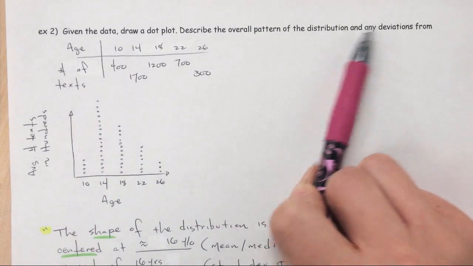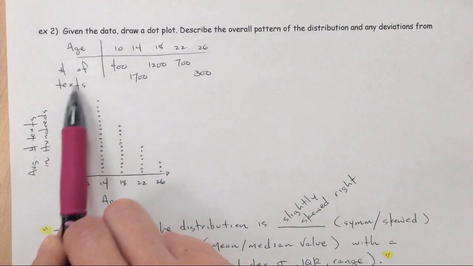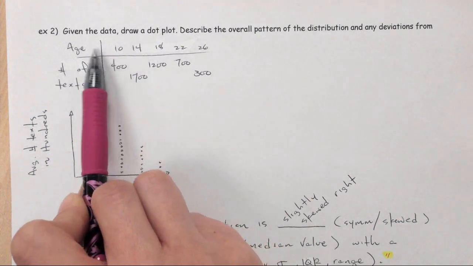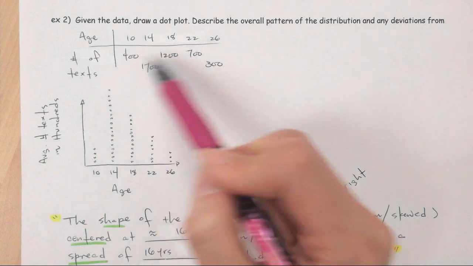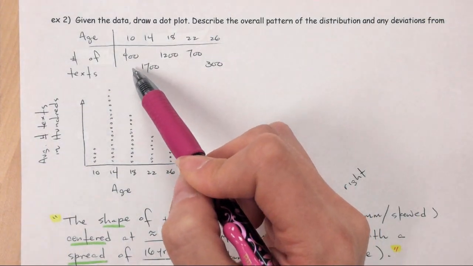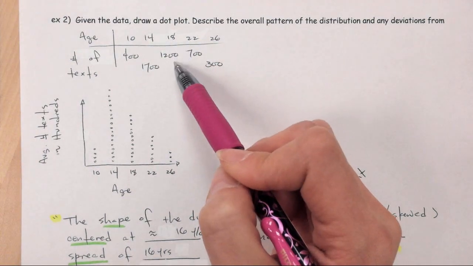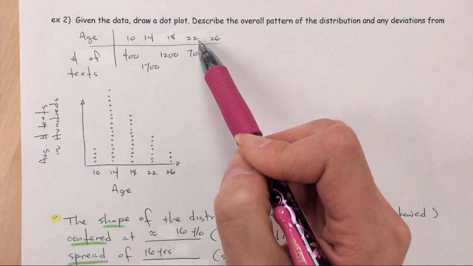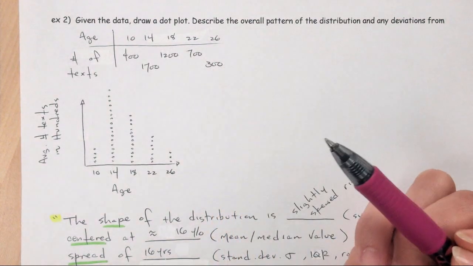Okay, so it gives you age, and then it gives you number of texts. So you're going to write that down, and then let's say we counted 10-year-olds, they send about 400 texts per month. 14-year-olds, it goes all the way to 1,700. And then 18-year-olds, it goes down a little bit, 1,200. And then 22-year-olds, they work and stuff, you know, so it's down to 700 and so on, okay?